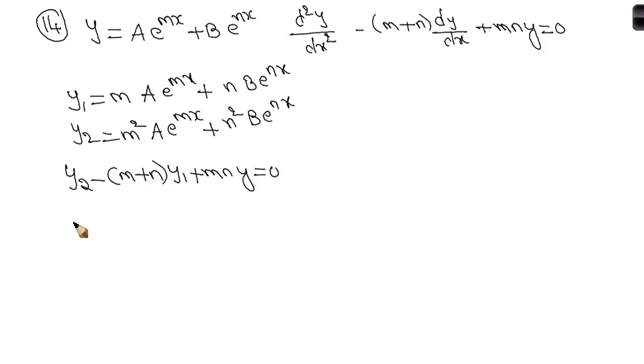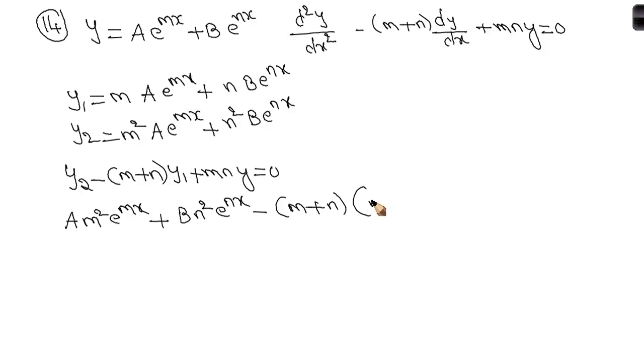So this becomes y2 is a into m square into e power mx plus b into n square into e power nx minus m plus n into, what is y1? m into a into e power mx plus n into b into e power nx, plus mn into y. y is a e power mx plus b e power nx.